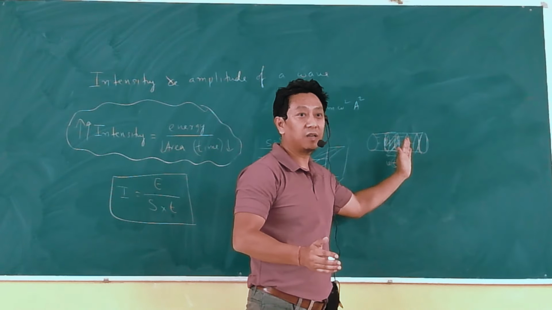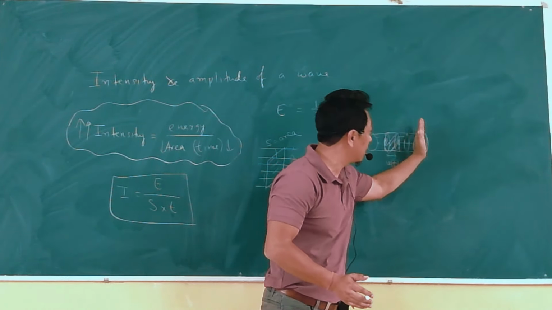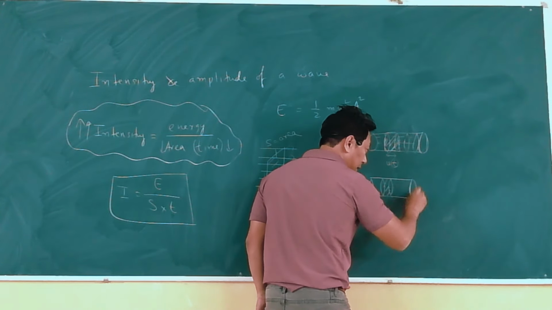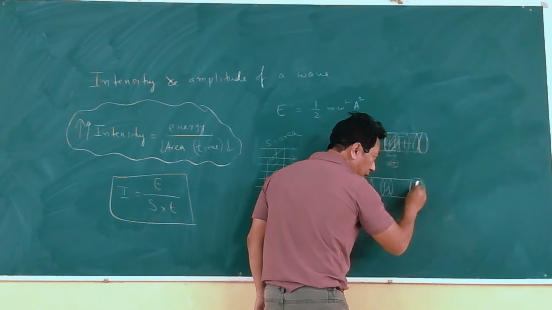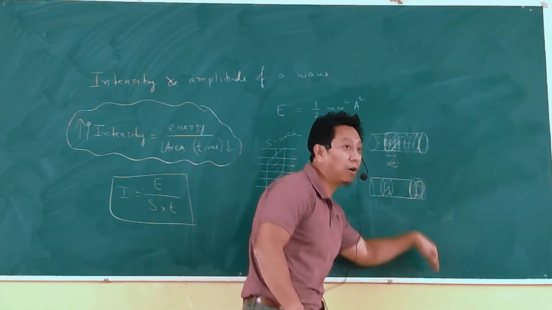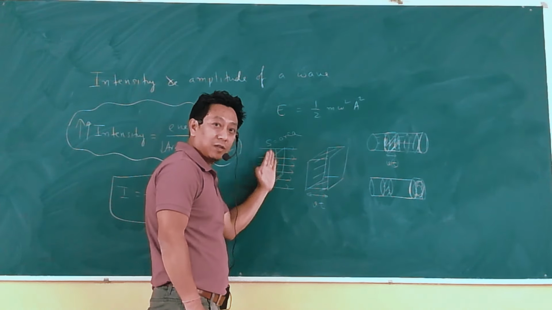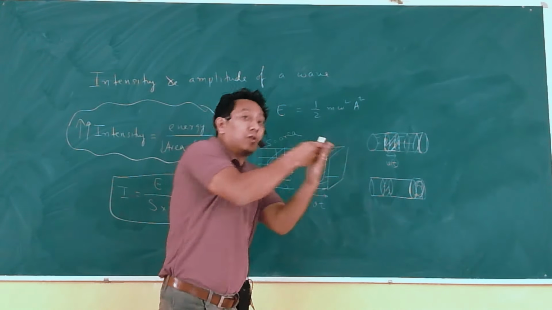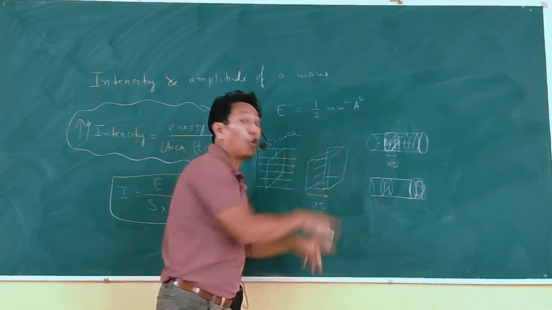Understood? So in time t, if this disturbance or wave reaches here, then this much energy has crossed, whatever energy is in this volume.